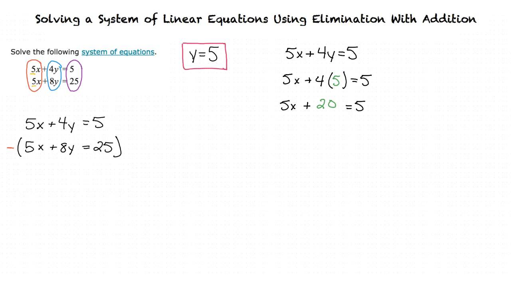Now we are going to subtract 20 from each side, resulting in 5x is equal to negative 15. Next, we will divide both sides by 5, which results in x is equal to negative 3.